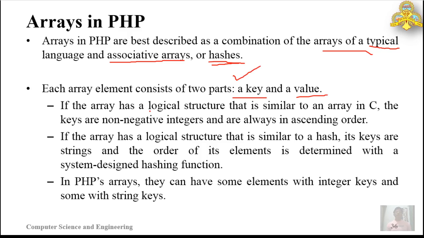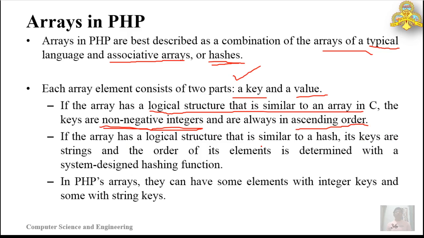If the array has a logical structure similar to an array in C, then keys are non-negative integers, always in ascending order. It may begin from 0, and is either 0 or 1 or higher values, always arranged in ascending order.